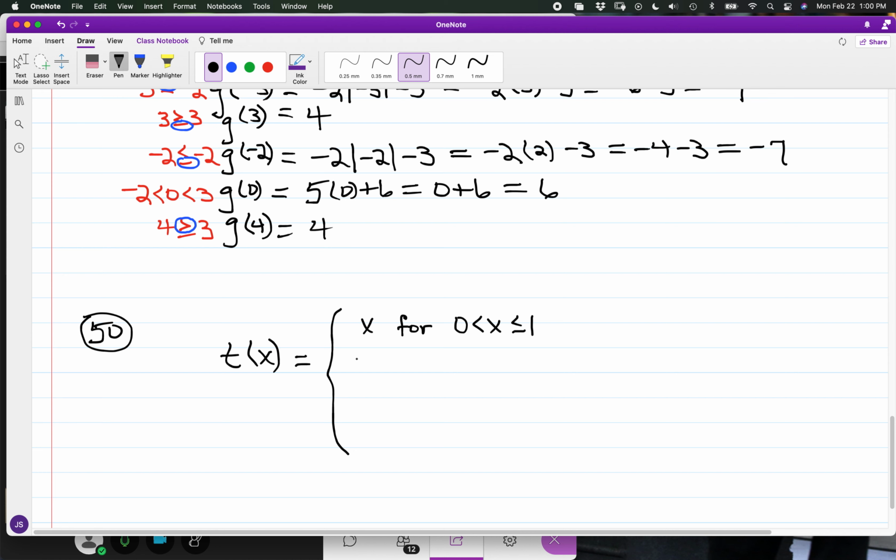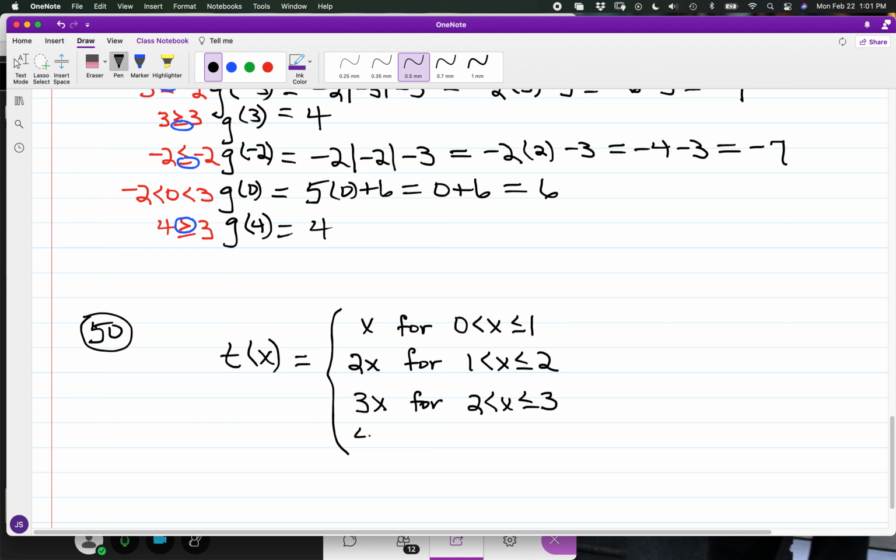And then for the next portion, t of x is equal to 2 times x if 1 is less than x is less than or equal to 2. And t of x is equal to 3x for those values of x such that 2 is less than x is less than or equal to 3.